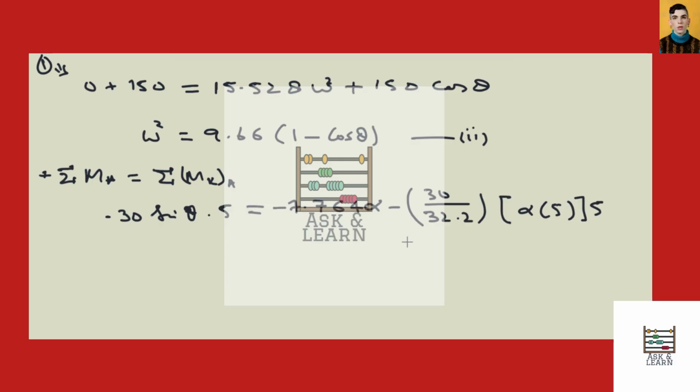So from here we can write this angular acceleration alpha is equal to 4.83 sine of theta.